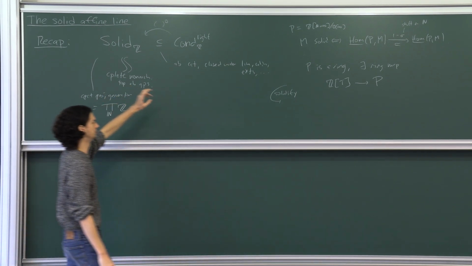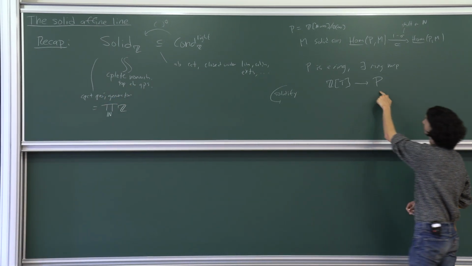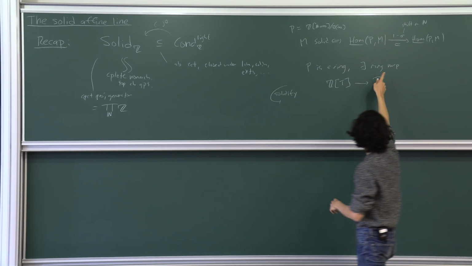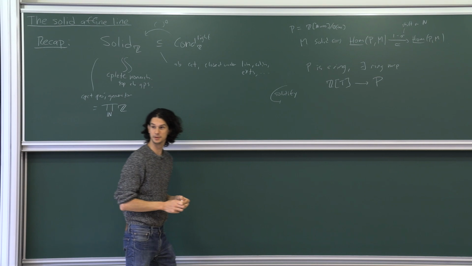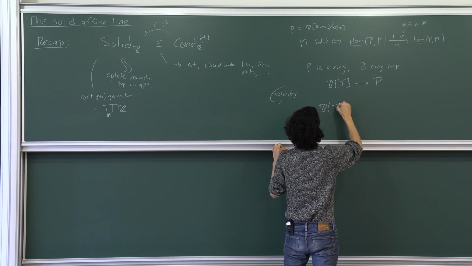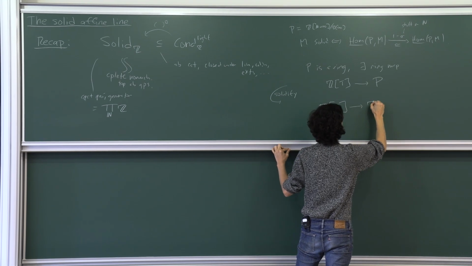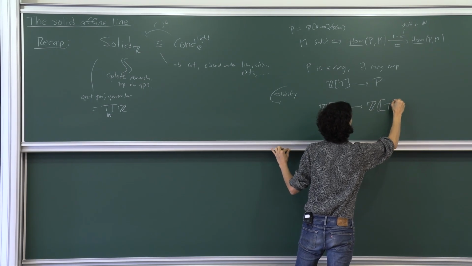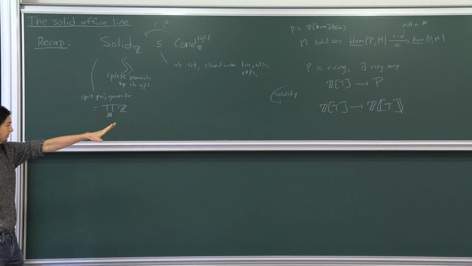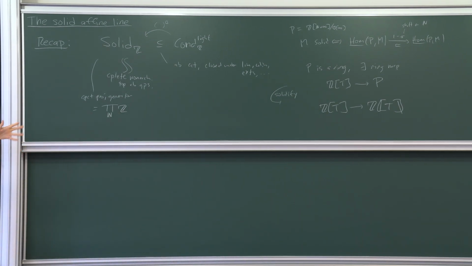And you can get that object just by solidifying this basic sequence space P. And if you take into account the ring structure, what happens when you solidify is you just get the power series ring in one variable. So in the solid context, the universal carrier of a null sequence is just this power series ring.